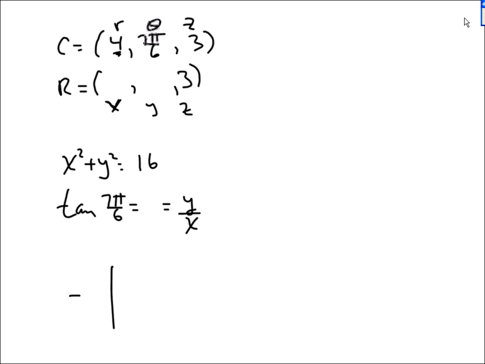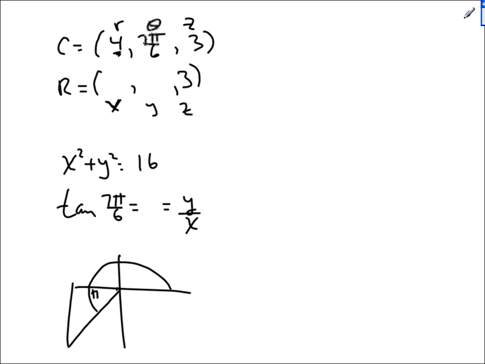Now, 7 pi over 6, that's way out here. Let me try that again. It's a little bit more than pi. Pi over 6 more than pi. Here's pi. I go pi over 6 more.